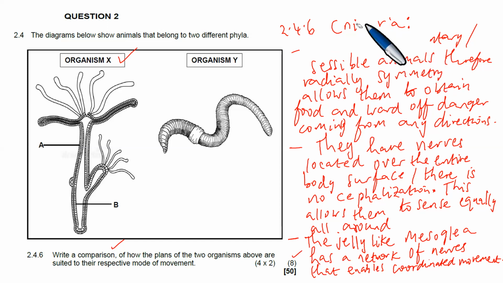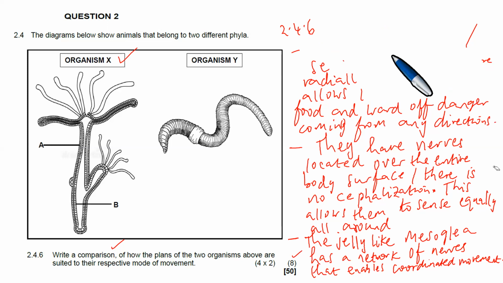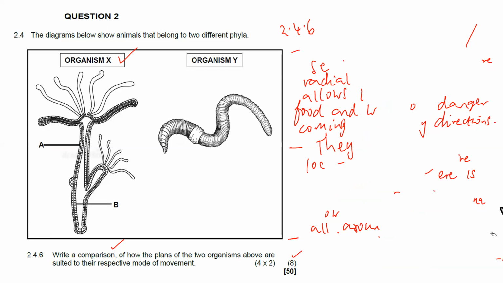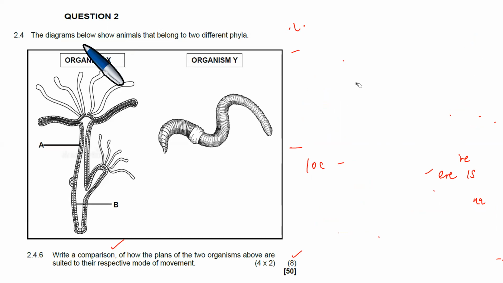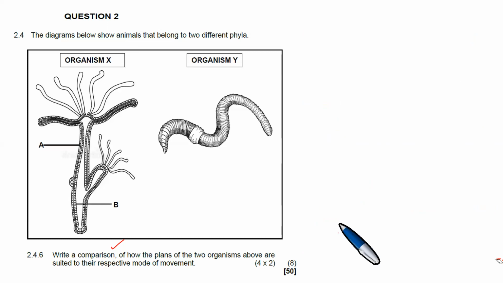So this is associated with the annelids, the organism we just looked at, of the worm type.